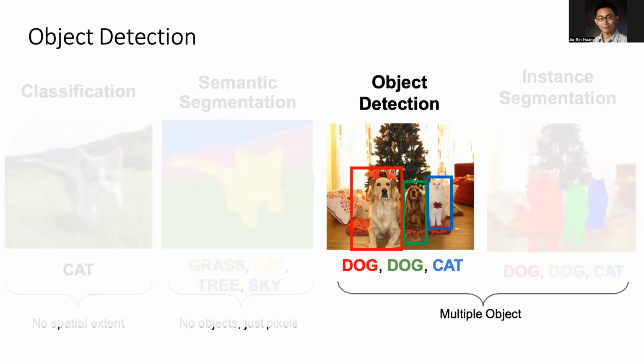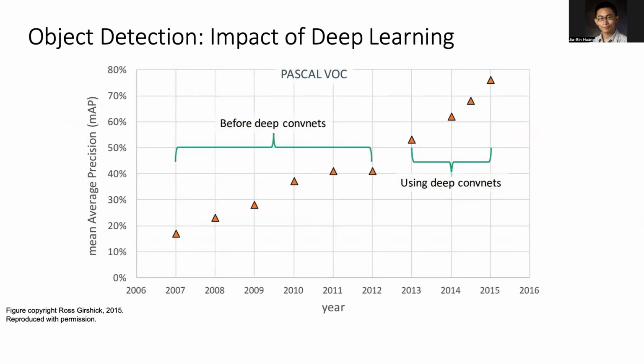All right, so how do we do detection? Now we can label every pixel as a semantic class, but what we need to do now is detect objects. Here's a plot to show you the progress over the years.